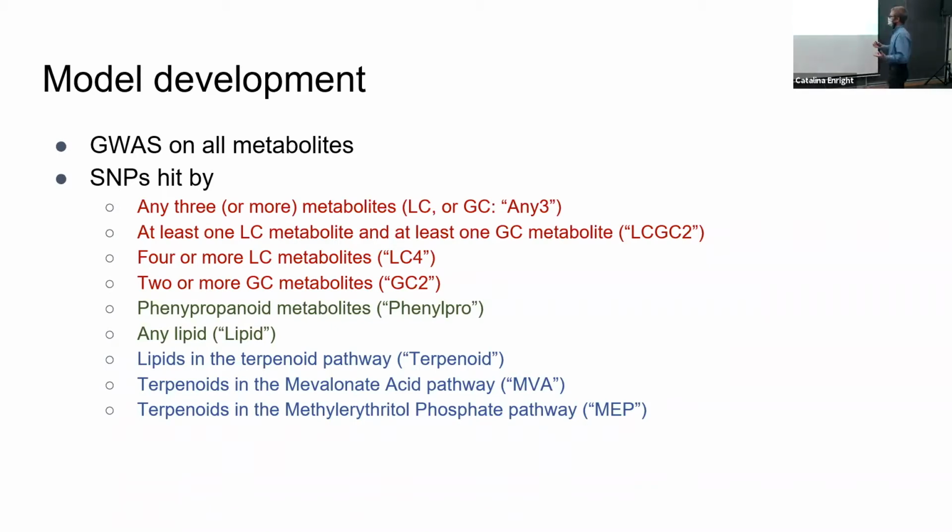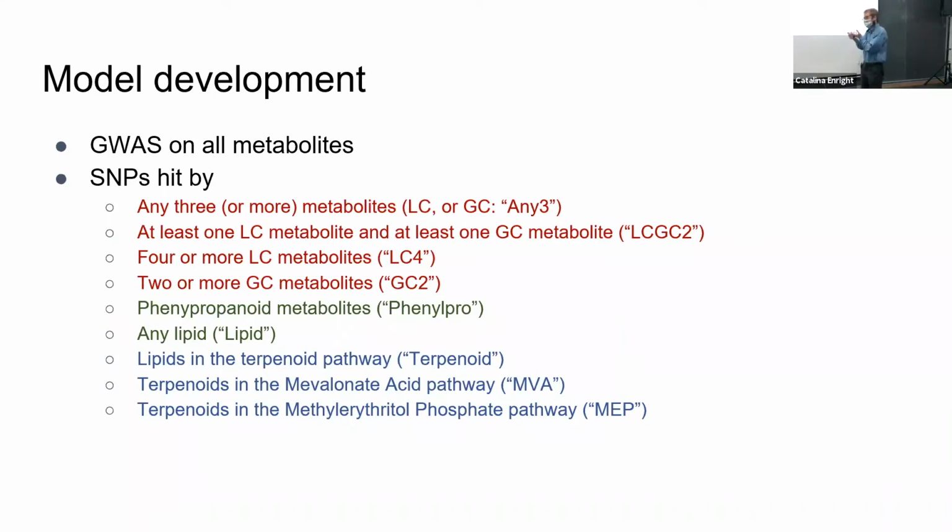I guess the point though of these models is that our idea, or her idea really, is that they are capturing different areas of the causal space. And so for any given metabolite in the prediction set, if its causal loci overlap with the space that is captured by one of these models, it should be well predicted by that model.